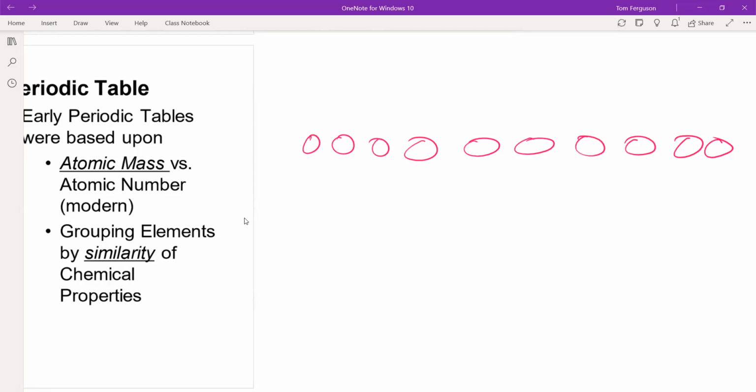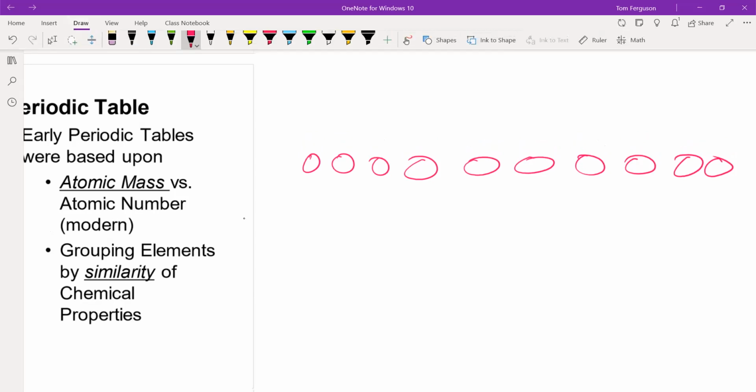But he noticed that certain elements had similar chemical characteristics.